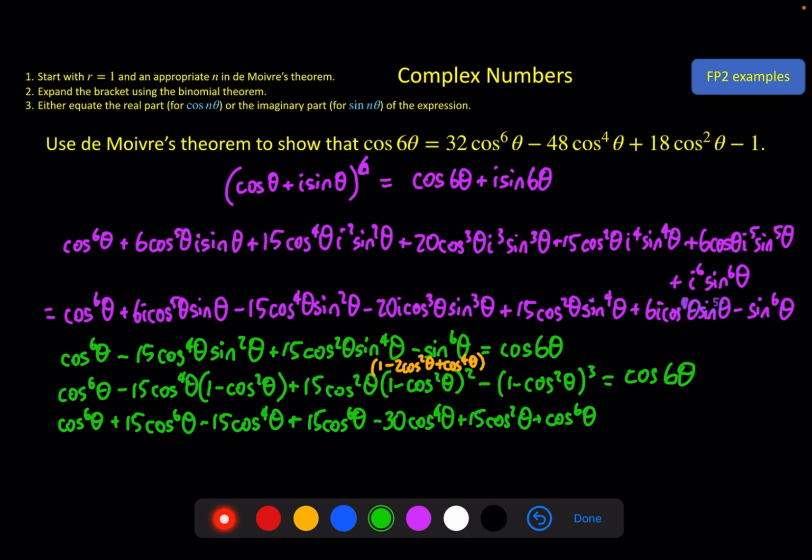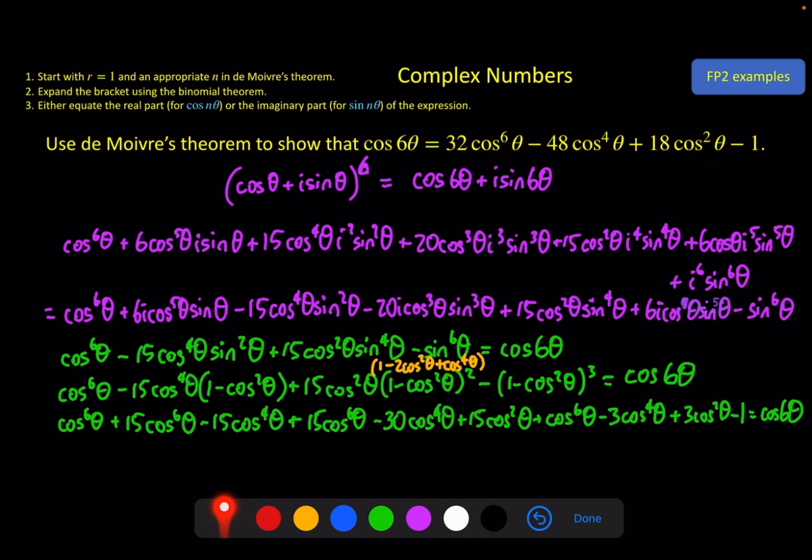First term here, and then we've got minus 3 cos power 4 theta plus 3 cos squared theta minus 1 equals cos 6 theta.